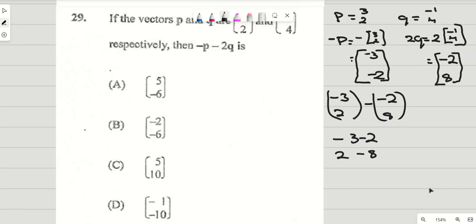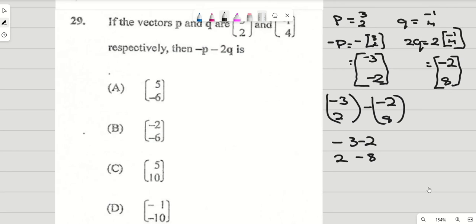No, sorry. Minus 3 minus negative 2 will be minus 3 plus 2, and that is minus 1.